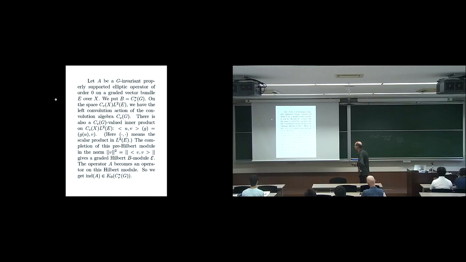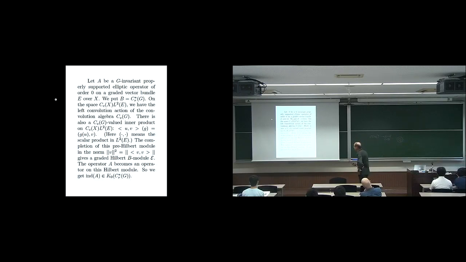The dependence on G is this one, and this is the scalar product in L2 of E. So the fact that the action is proper means that this is a compactly supported function of G. If G goes to infinity, this vanishes outside of a compact subset.